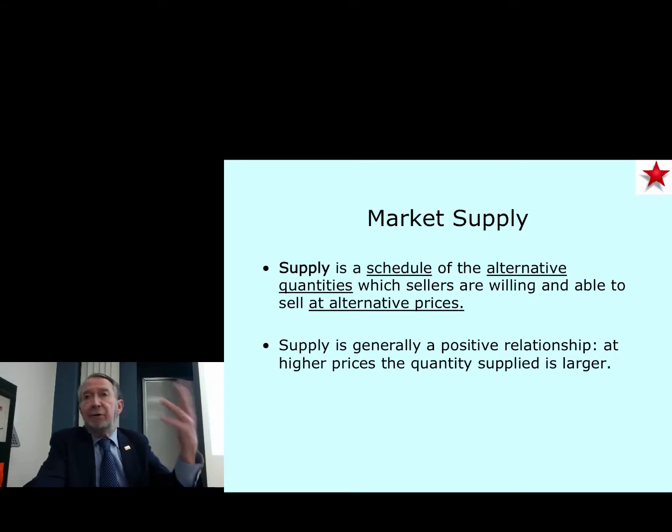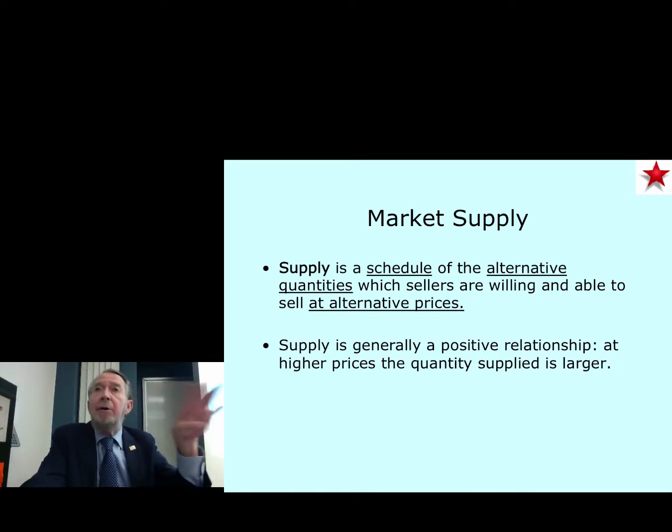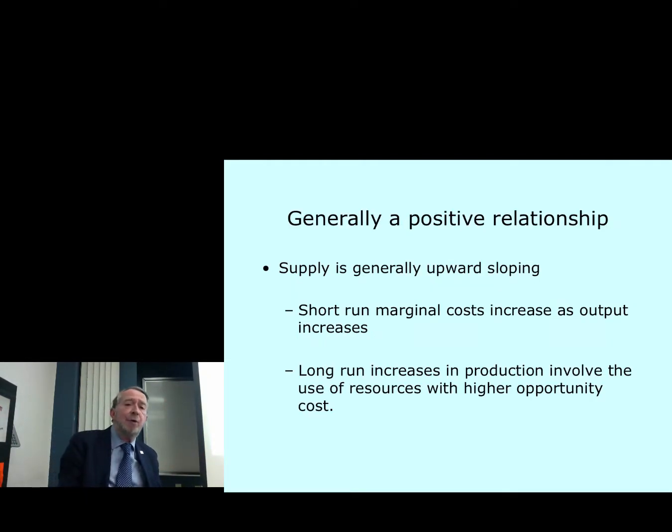But if demand increased and you're able to go to the next level of technology, which has a lower average cost when you're at that larger quantity, then it's possible for supply to be downward sloping. Decreasing cost industry, horizontal, constant cost industry, but in general, positive relationship between price and quantity supply.